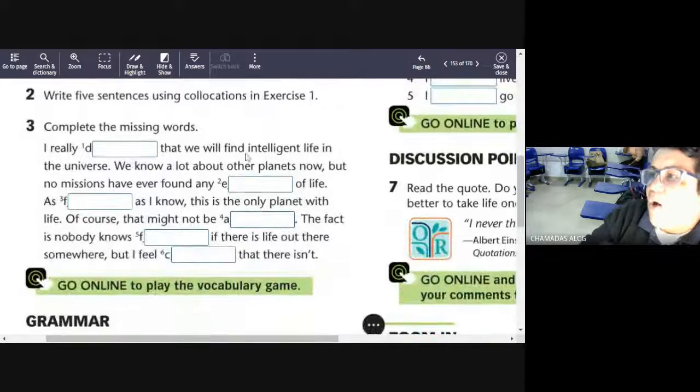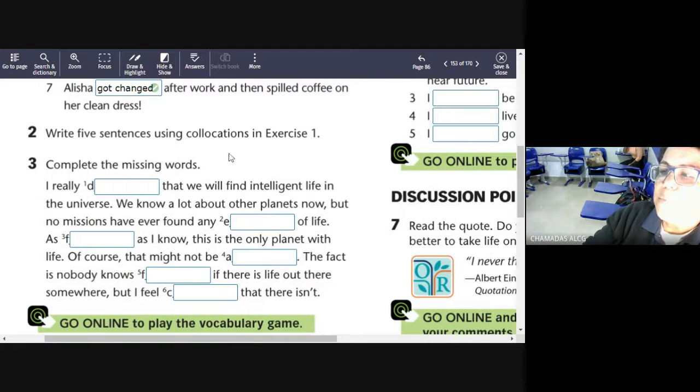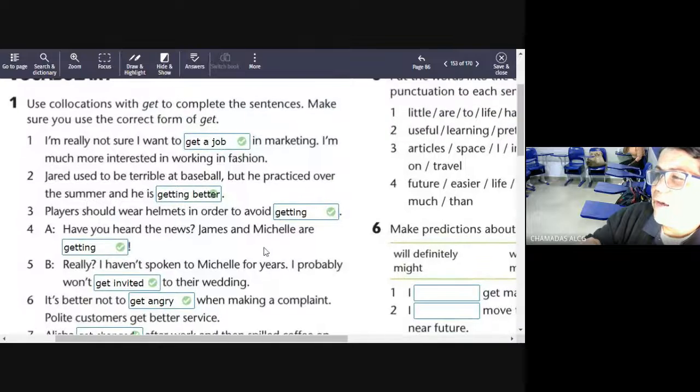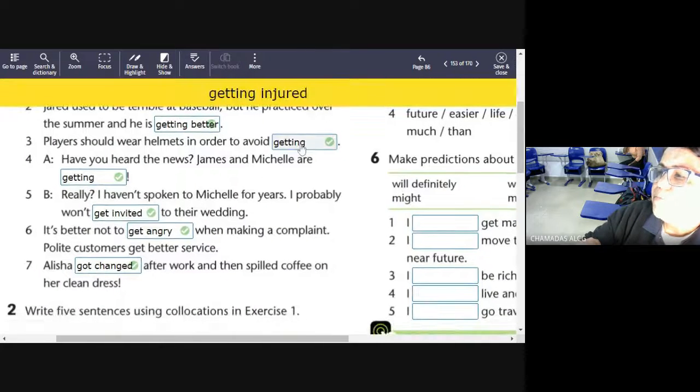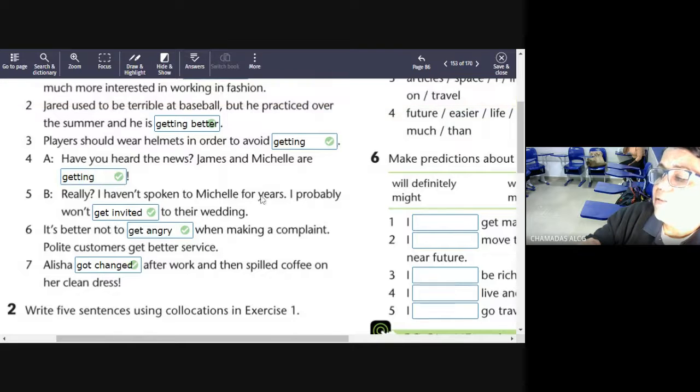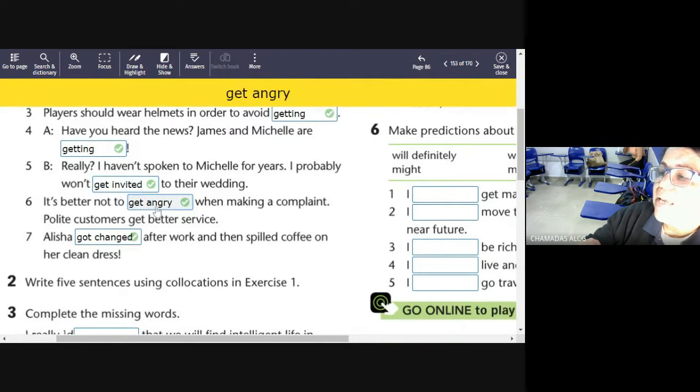All right. Now moving on. Here they want us to write 5 sentences using collocations in exercise number 1. So before we do number 3, they want us to create 5 sentences using those collocations. So let's do this now. Let's see here. We have get a job, getting injured, getting better, getting married, get invited, get angry, and get changed.